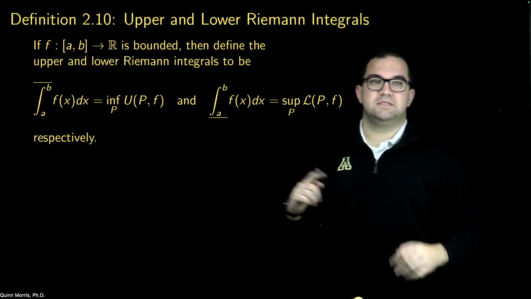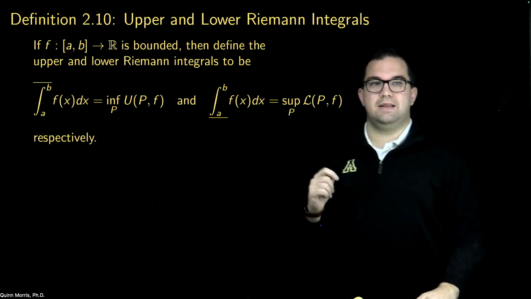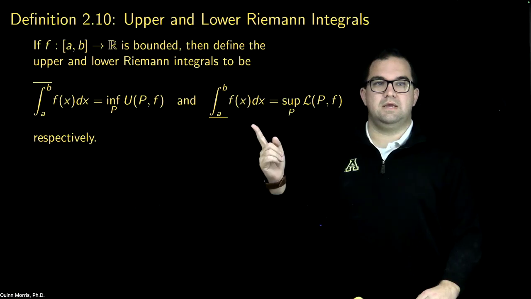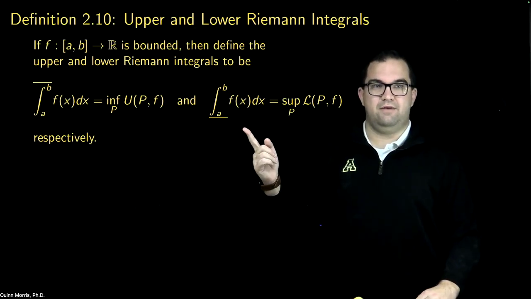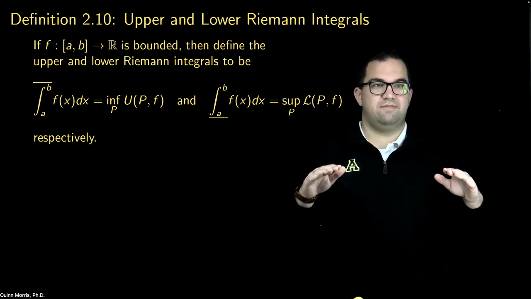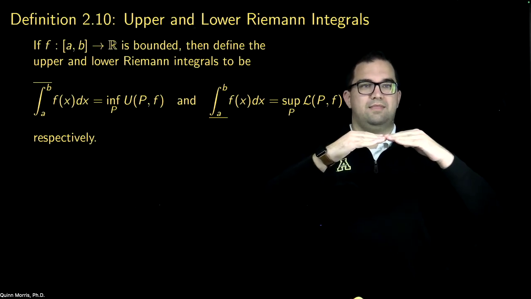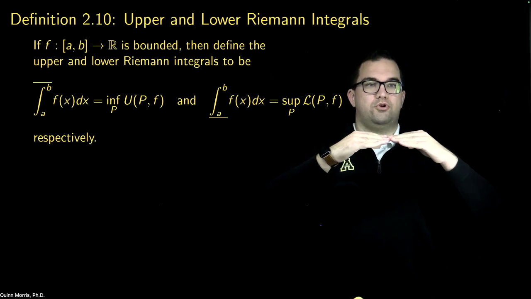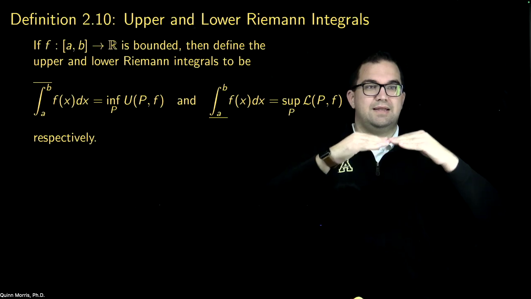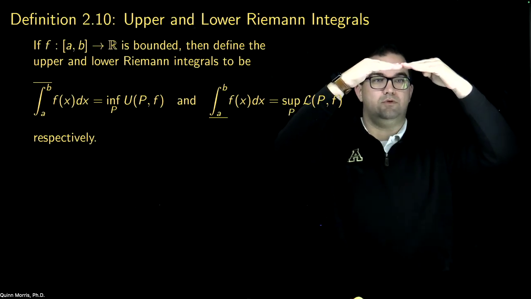Similarly, we define a lower Riemann integral: take all the possible partitions of AB, look at the lower Darboux sums of f over each partition, and take the supremum of all of those.